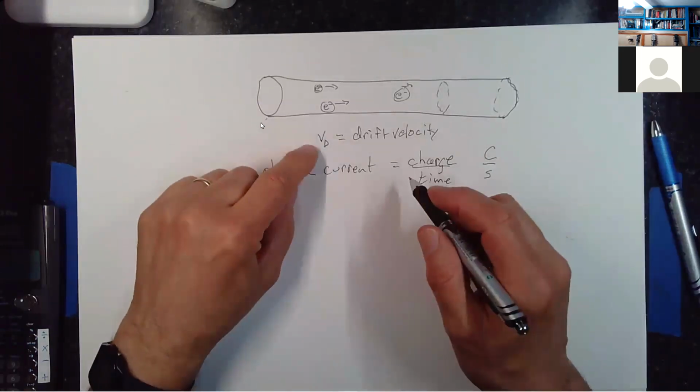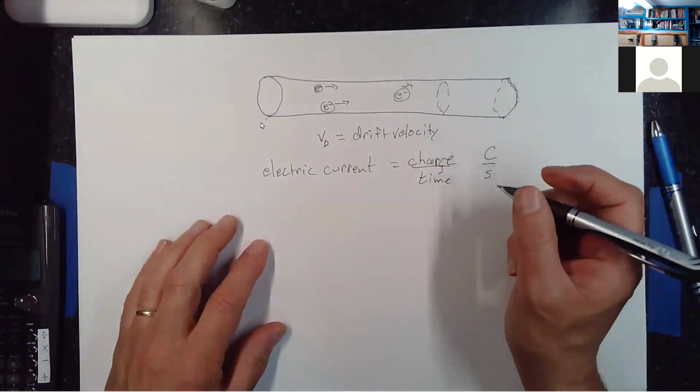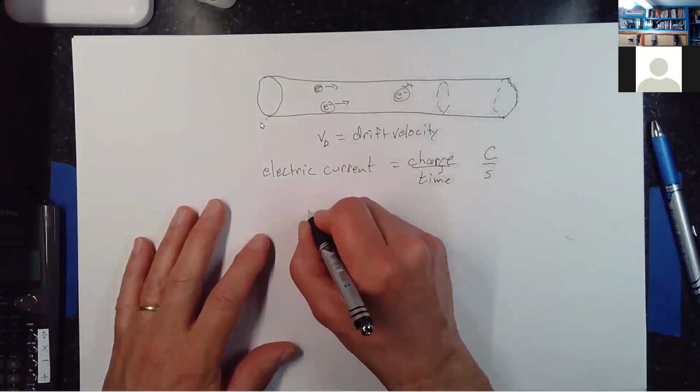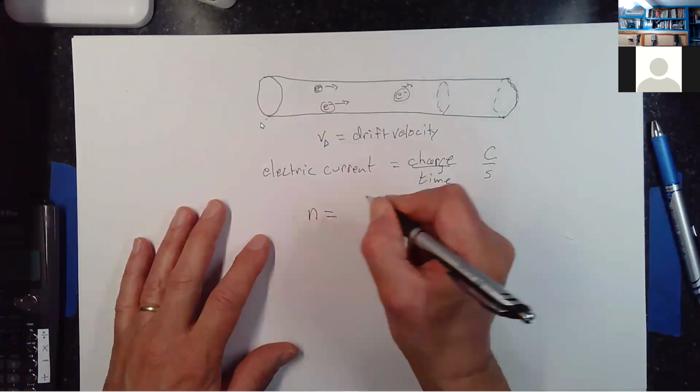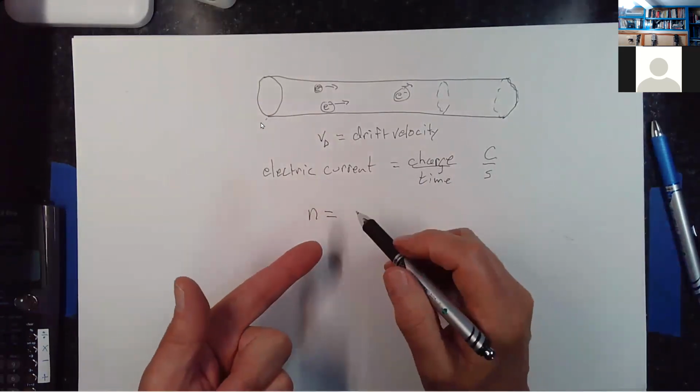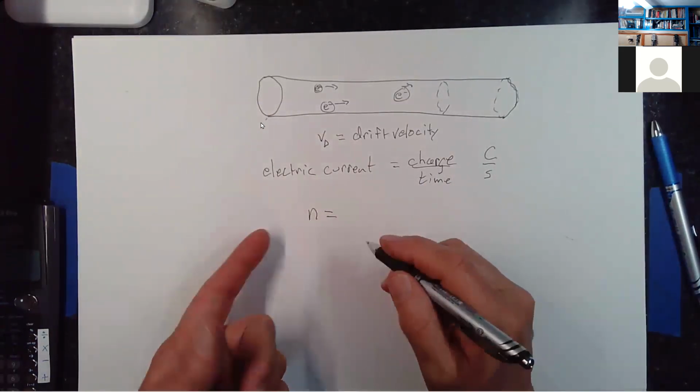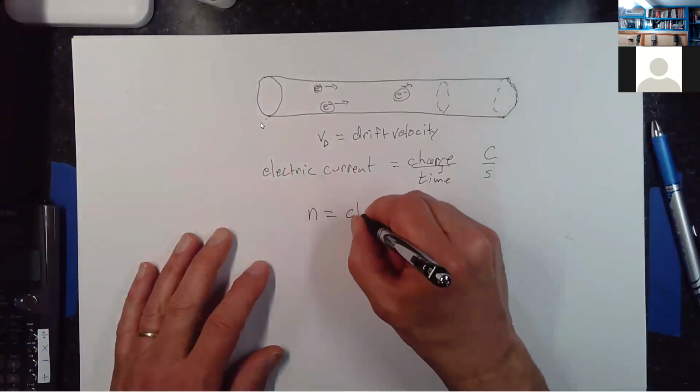We're going to need some more things, basically. One thing we'll need is a number for the charge carriers per unit volume.